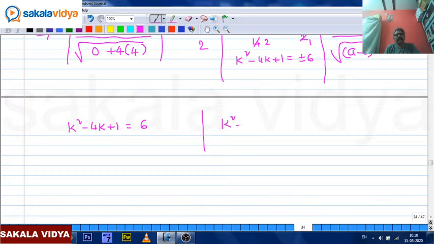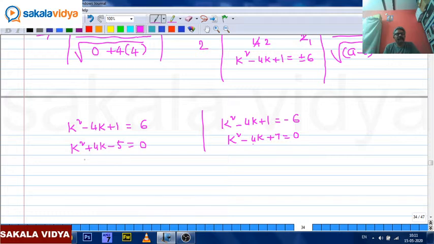Second case, k square minus 4k plus 1 equals to minus 6. So k square minus 4k minus 5 equals to 0. Here k square minus 4k plus 7 is equal to 0.